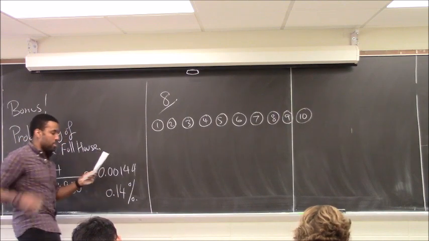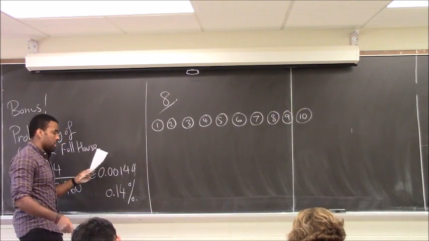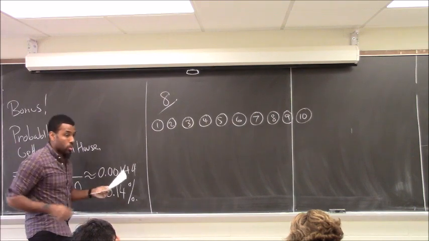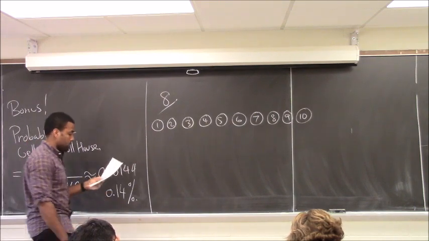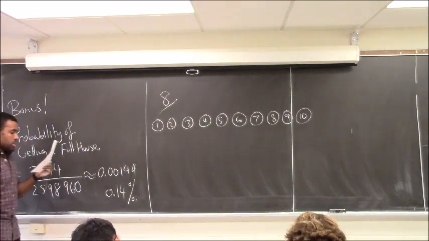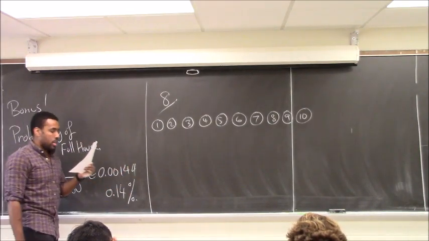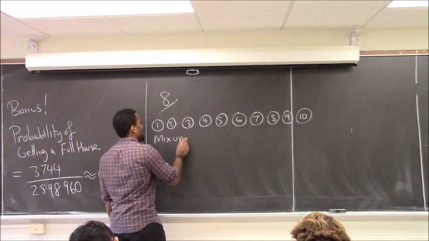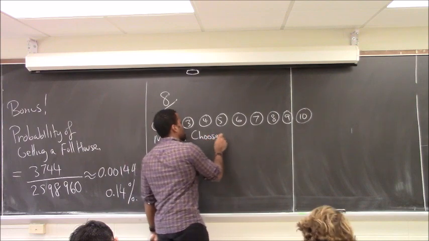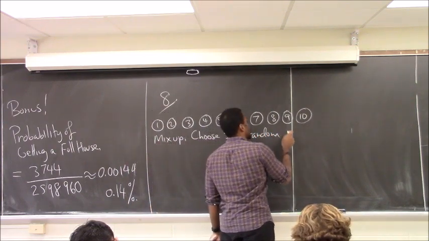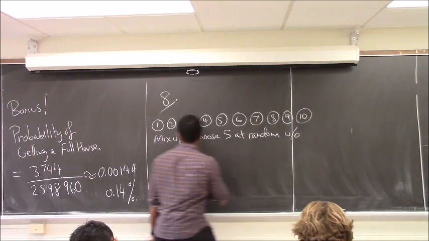You pick 5 of them randomly without replacement, so once you pick one, you do not put it back. And then you pick another one, then you pick another one, then you pick another one. How many possible scenarios are there of this kind? So mix up, choose 5 at random without replacement.